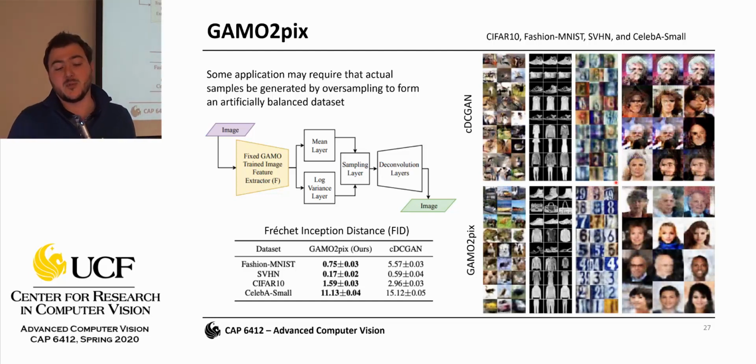So if some application requires the samples to be generated, so you save those samples, they come up with this additional step where they take the feature extractor they already have in their method, and they couple that with a convolutional layer so they can generate the image. And then they did that for the CIFAR10, Fashion MNIST, Street View House Numbers, and CelebA. And you can see the quality of the images on the right here.